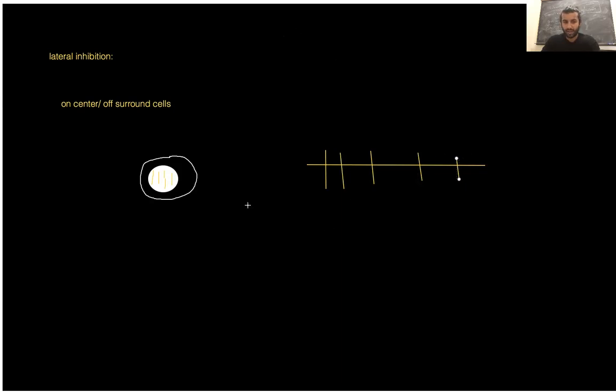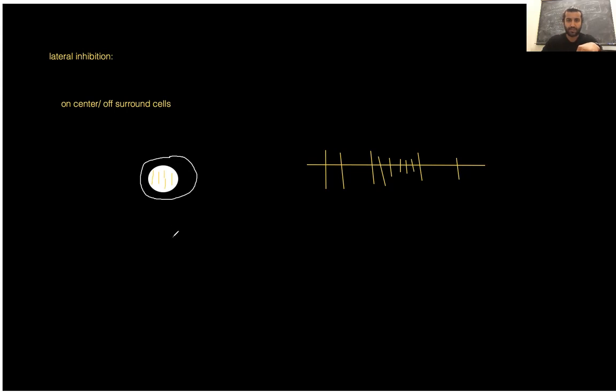Now, if I add a light to the center, then it increases the firing rate for that cell, so we can see that it increases the action potential. And then after I turn it off, it goes back to the base firing rate.